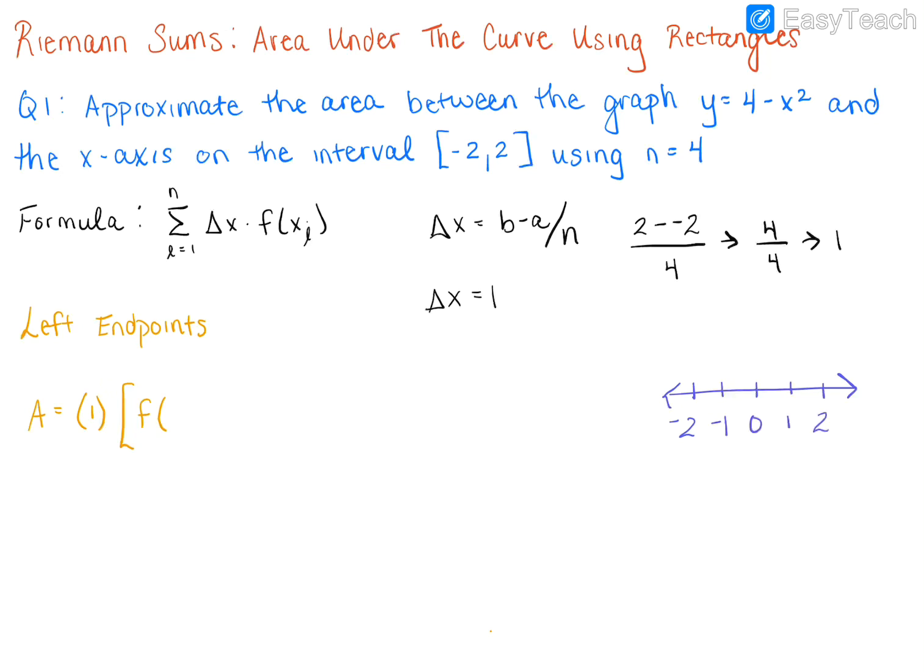Once again, that's 5 numbers, and we only want 4 rectangles. So we're going to take the 4 leftmost points, which would be -2, -1, 0, and 1. So we want to do area is equal to 1 times f of -2 plus f of -1 plus f of 0 plus f of 1.